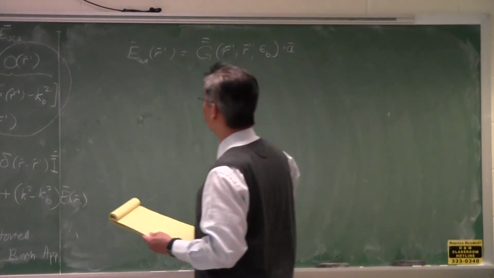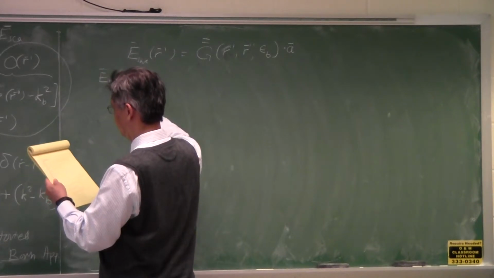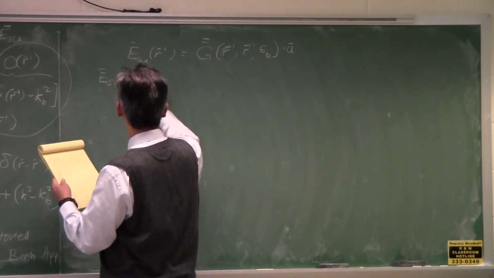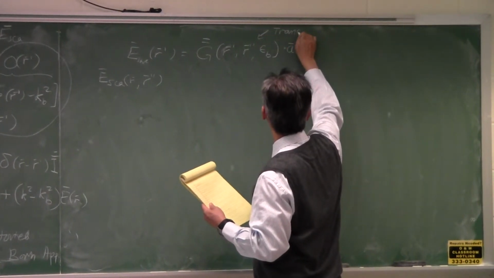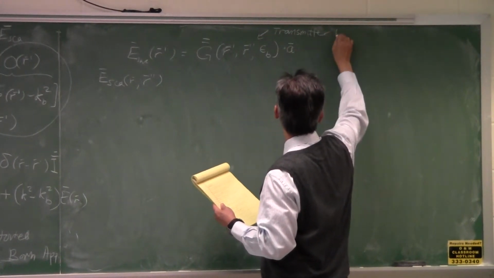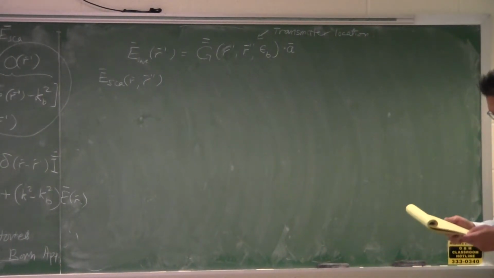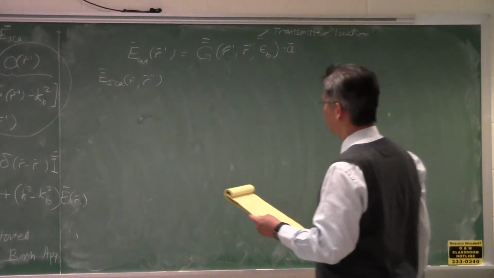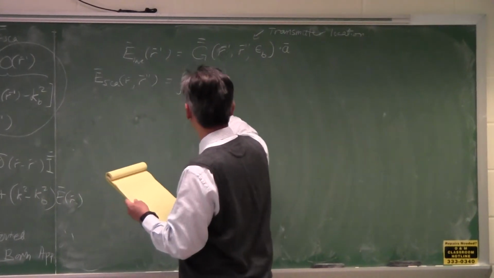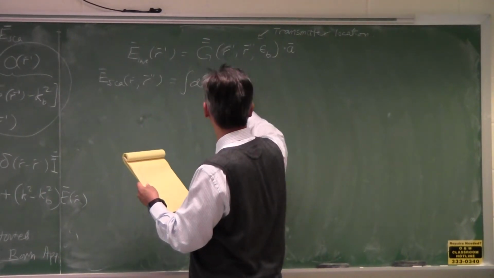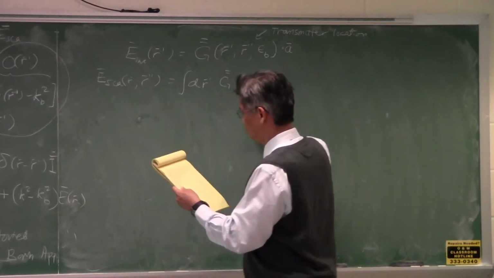Then I can write the scattered field as a function of R and R double prime, R double prime being the transmitter location. And that I can write the scattered field using this integral over here. Then I will have this being my thing over here.